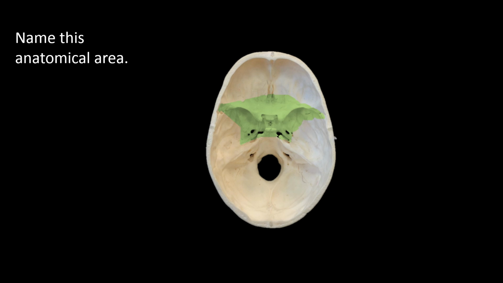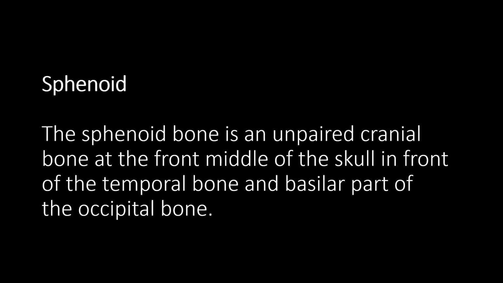Name this anatomical area. Sphenoid. The sphenoid bone is an unpaired cranial bone at the front middle of the skull, in front of the temporal bone, and basilar part of the occipital bone.